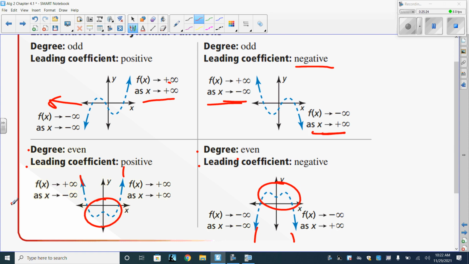And if it's even and negative, the function is going to open down. So f of x approaches negative infinity as x approaches positive infinity, and f of x approaches negative infinity as x approaches negative infinity. And really, this will give us an idea of how the function is behaving, what kind of solutions we'll expect to see.